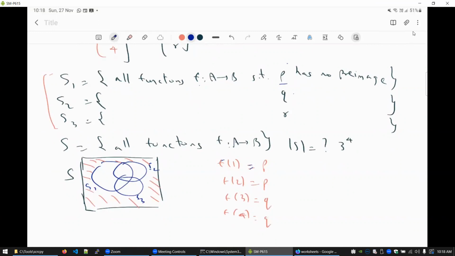Why S2? Because it will just be the complement of S1, right? Because it's not in S1. No, see, S1 and S2 are not complements of each other. Yeah, it will belong to the complement of S1, but will it belong to S2?